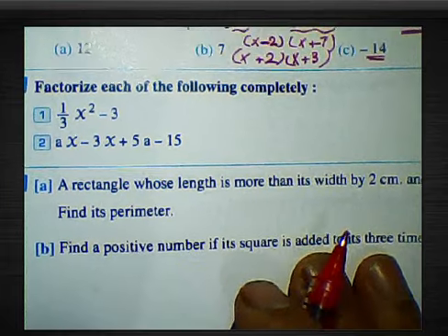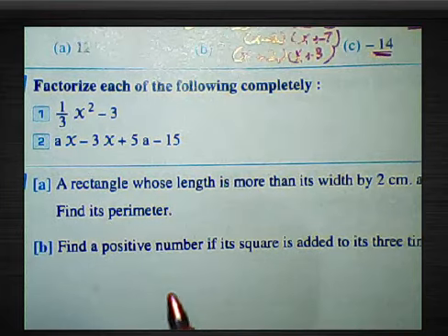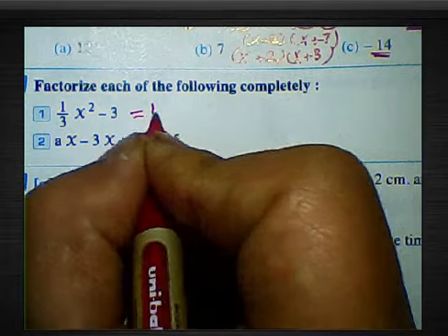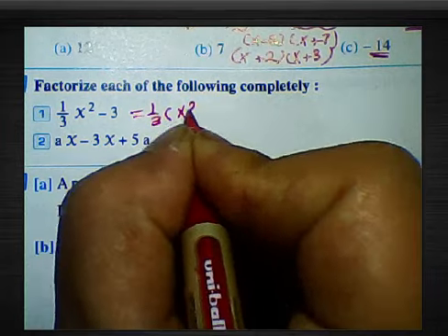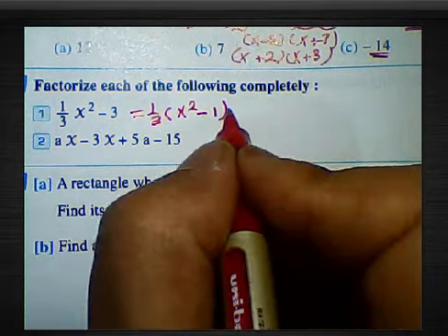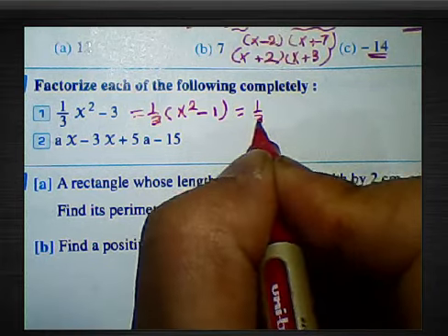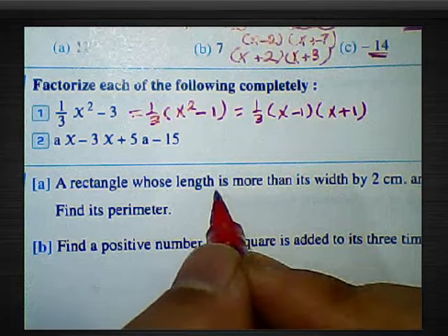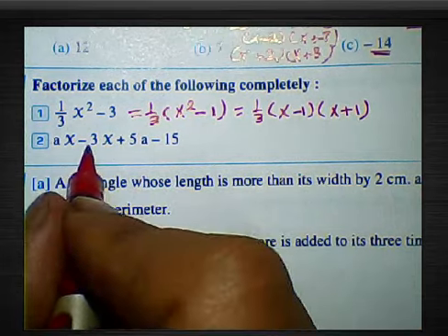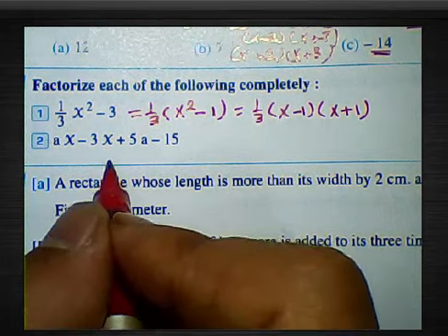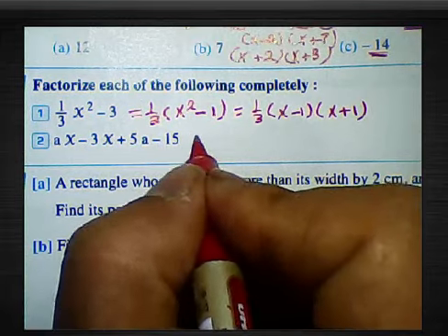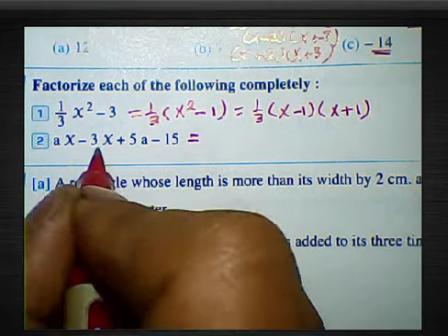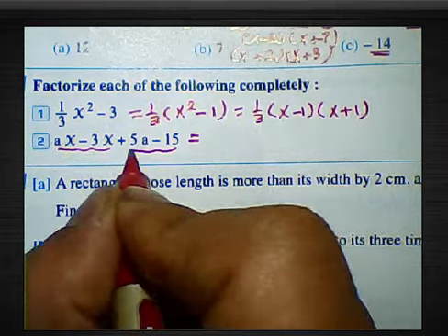Factorize each of the following completely. We can try this example by writing 3 outside here. The result will be x power 2 minus 1. And then write 3 outside, x minus 1 multiplied by x plus 1. In this example, ax minus 3x plus 5a minus 15, we can solve by regrouping the two expressions.